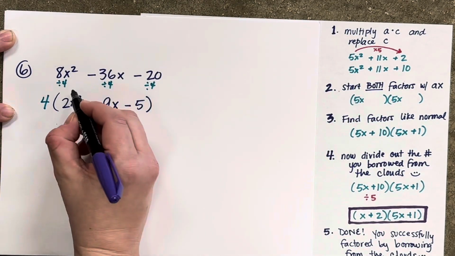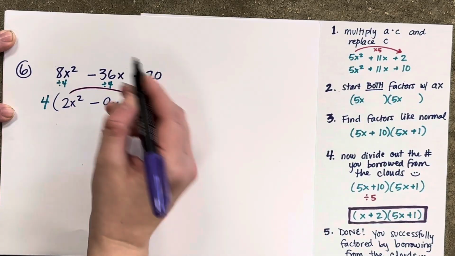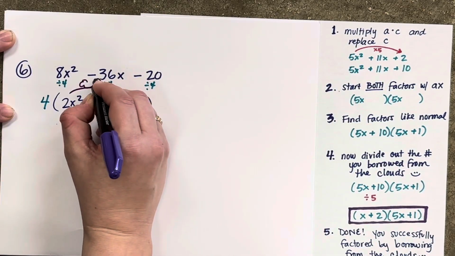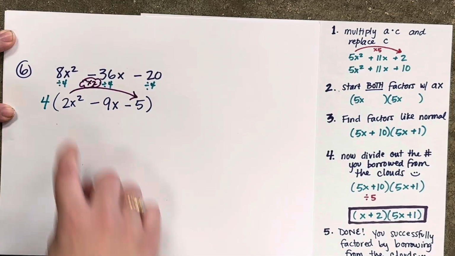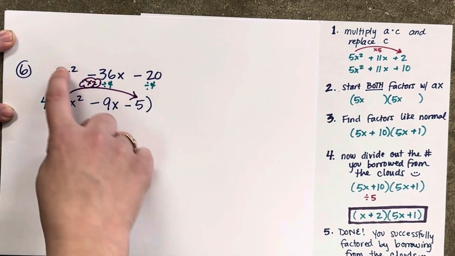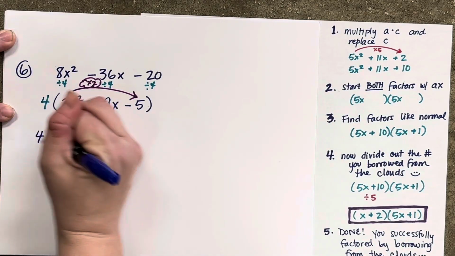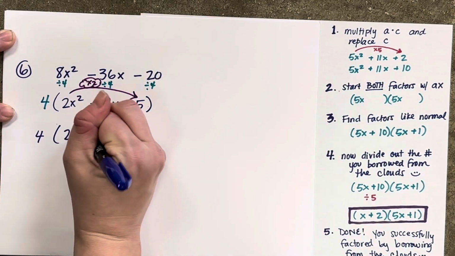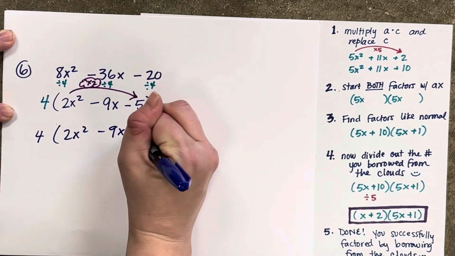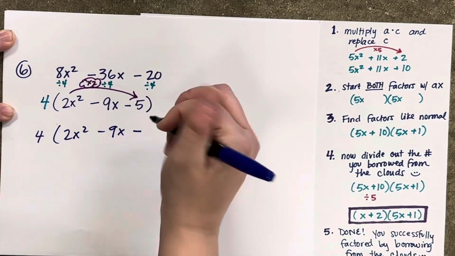So I'm going to put this kind of close, times 2, okay? I only need to borrow 2 from the clouds and not 8 from the clouds, which is nicer, okay? So then I'll rewrite this. I still have my 4, then I have 2x squared minus 9x minus, times 2, it's negative 10.